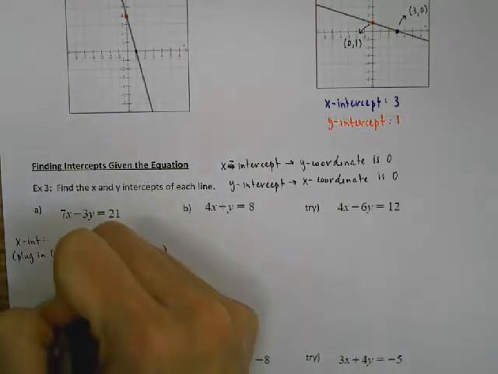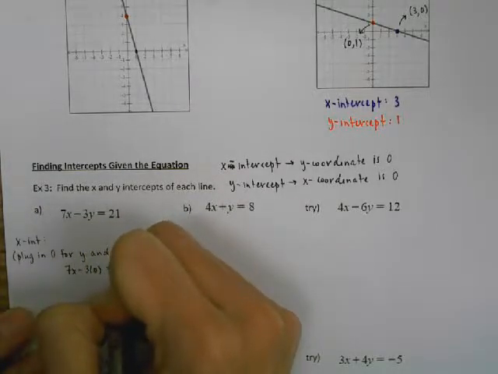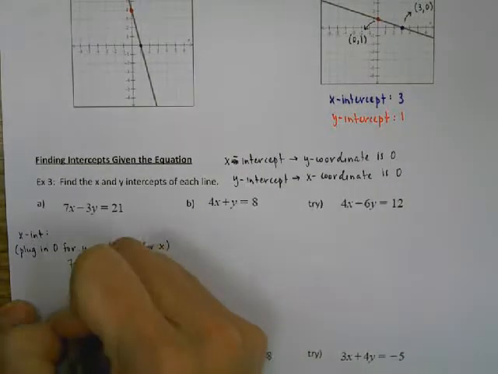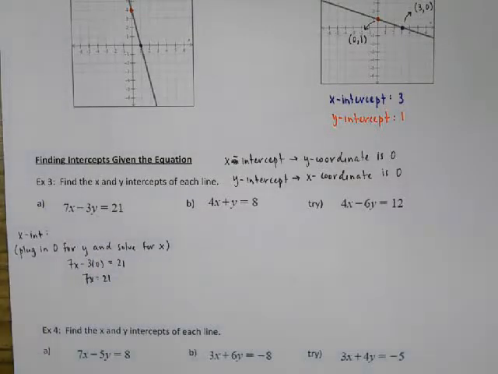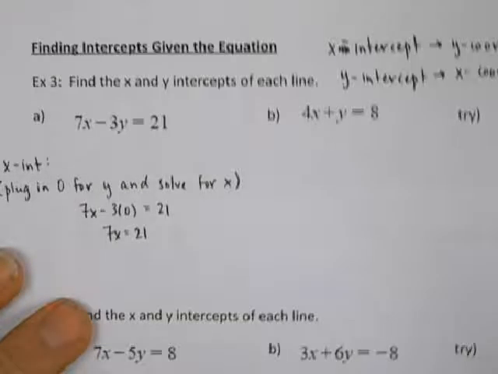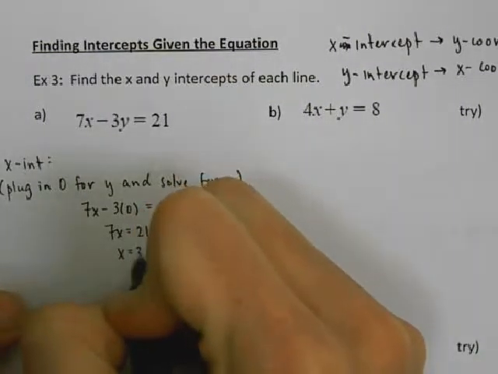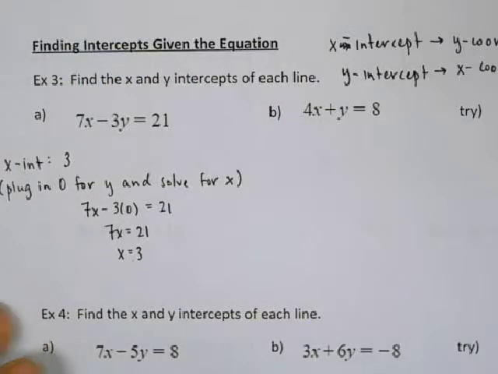In this case, I have 7x minus 3 times 0 equals 21. Well, 3 times 0 is just 0, so I get 7x equals 21. I can easily solve that by dividing both sides by 7, and I get x is equal to 3. So my x-intercept is 3.